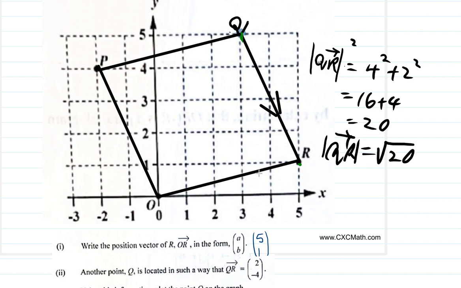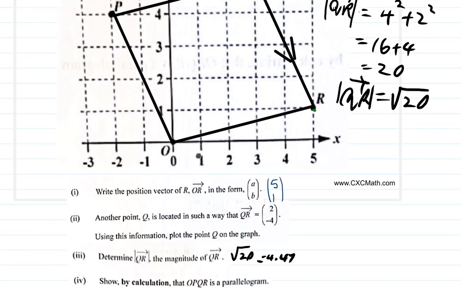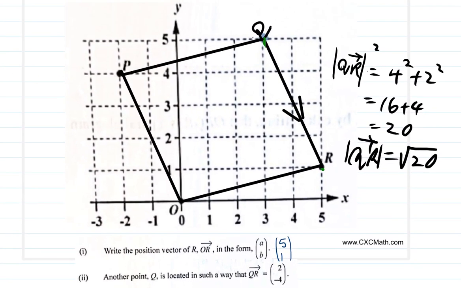Alright, you did. Now, remember, for it to be a parallelogram, OP must be parallel to QR. Or say PO, it must be parallel to QR. And PQ must be parallel to QR.